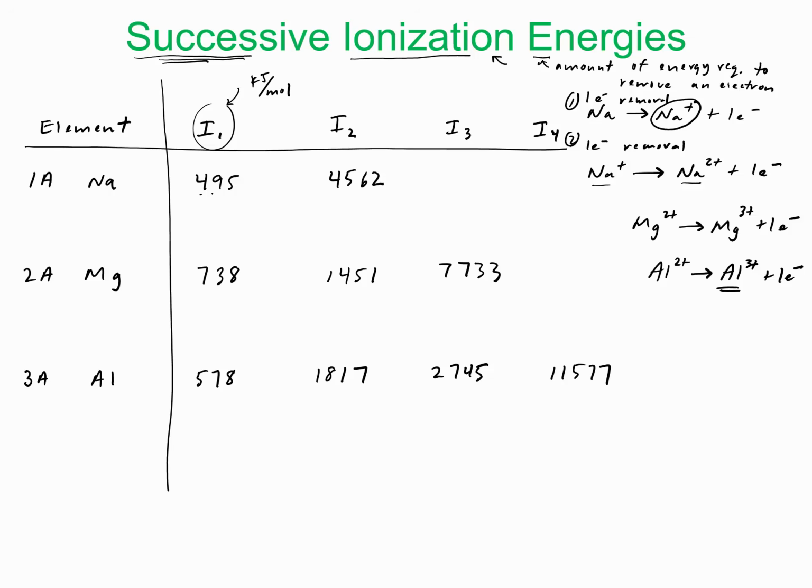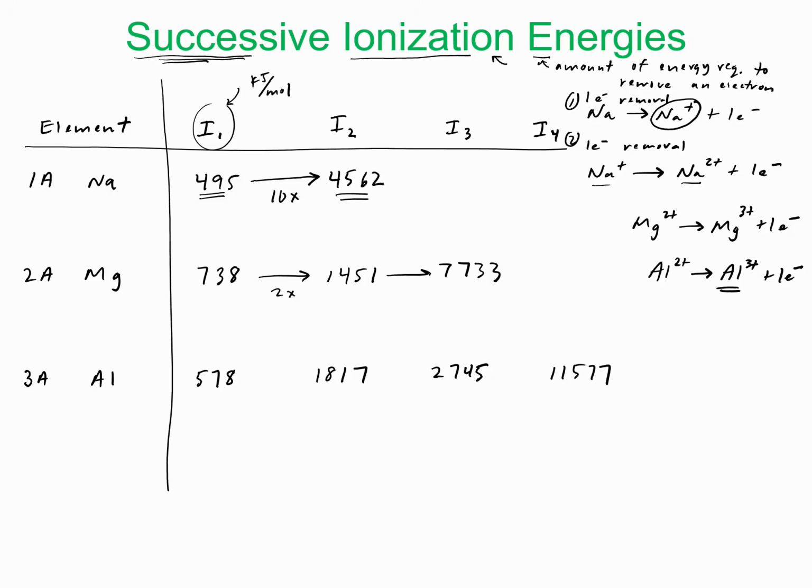So what I wanted you to try to explain is this. If you notice the first electron for sodium, to take the next electron is nearly 10 times as much energy. For magnesium, to take the second electron is only about 2 times as much as the first electron.